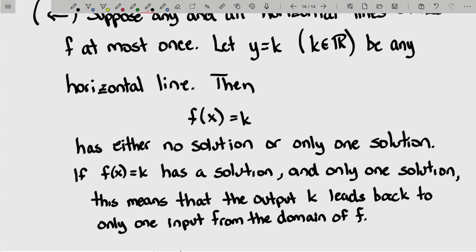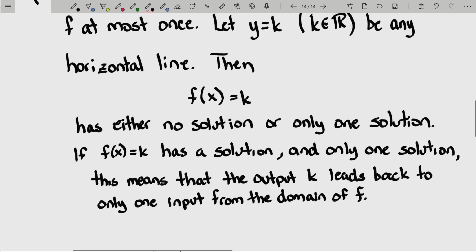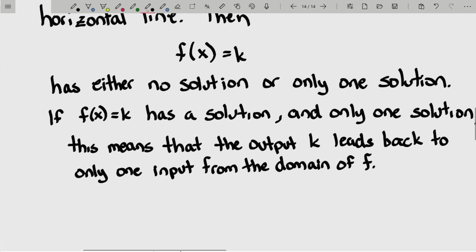So if f of x equals k has a solution, and in that case it would only be one solution by our assumption, this means that the output of k leads back to only one input from the domain of f. That output k is in the range of f, and it leads back to only one input from the domain of f.